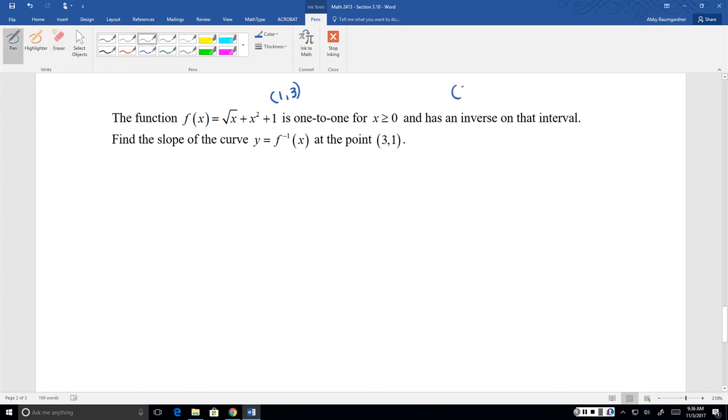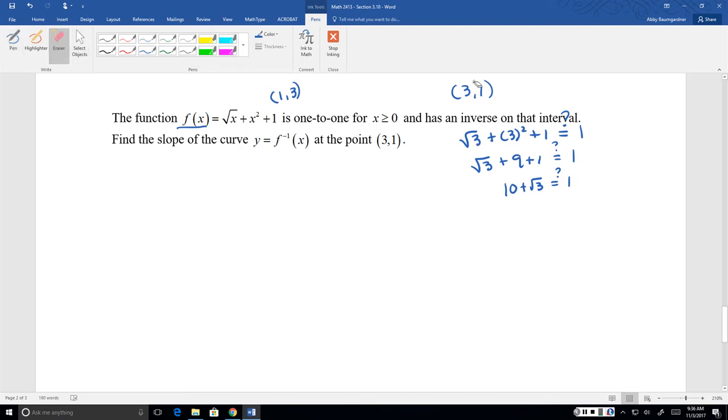If for some reason you get confused and you think that (3, 1) lies on f of x, you could plug in the 3 and see if it gives you 1 as an answer. And man, this is going to give us 10 plus the square root, and yikes, no, that's no good.